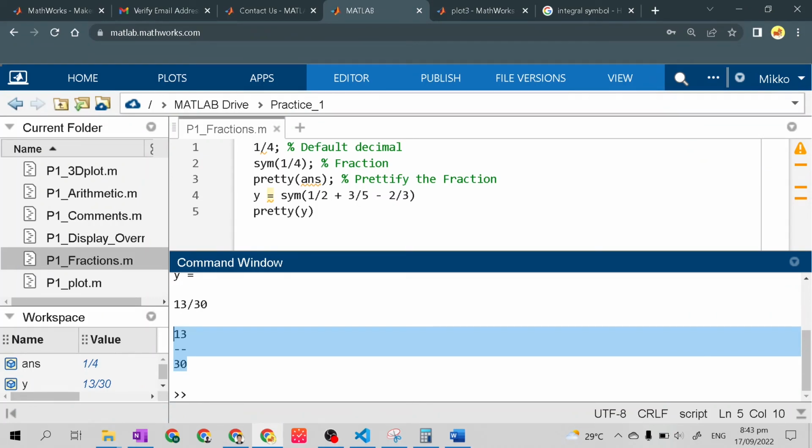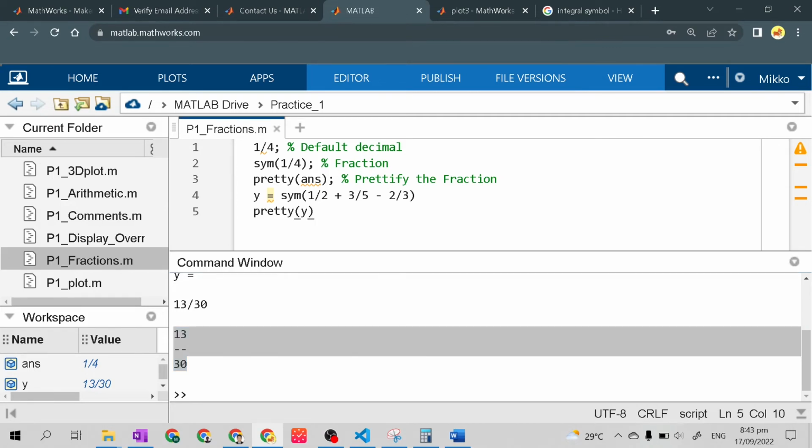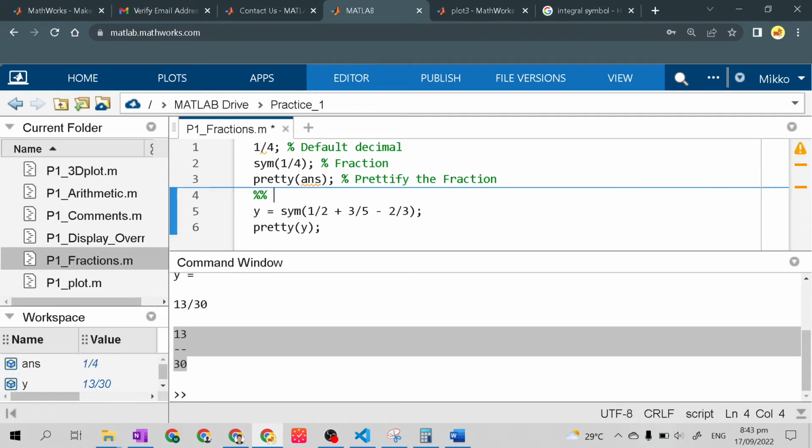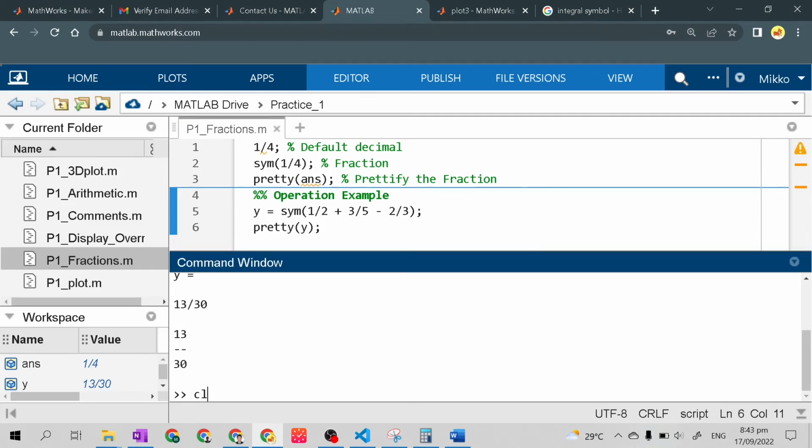What else? Let's put some semicolons and create a double percent and call this operation example. Next, let's do CLC.